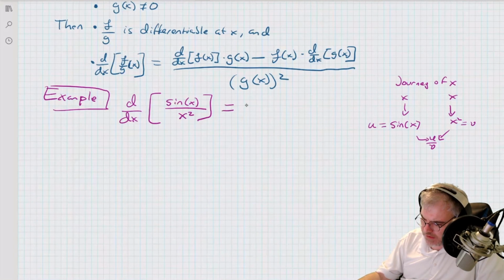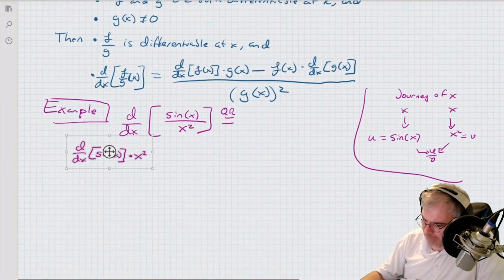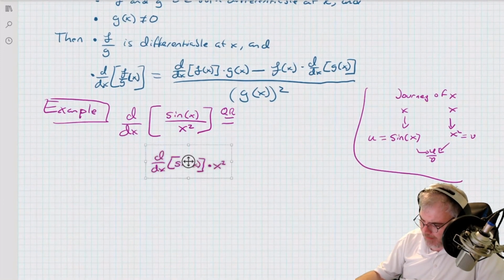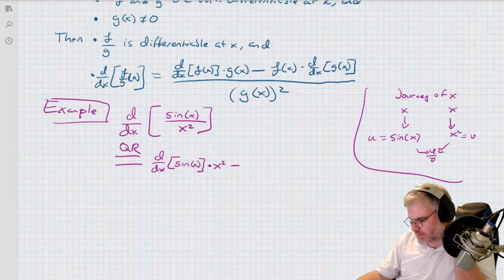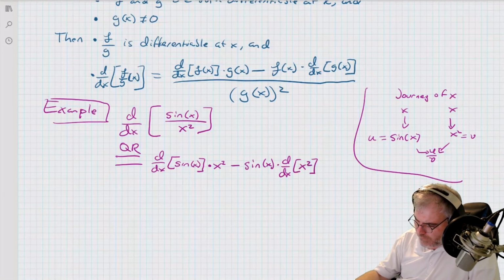So what I'm going to have is the derivative of the top, cosine of x, times x squared, minus sine of x times d over dx of x squared, all over x squared squared.